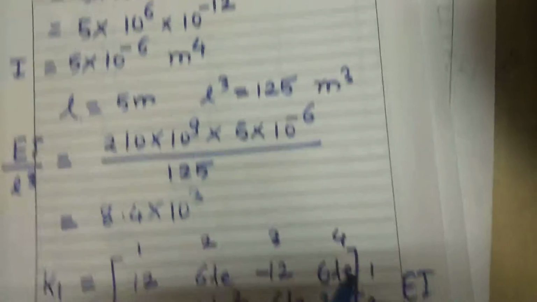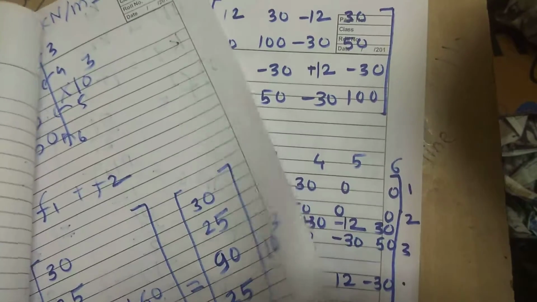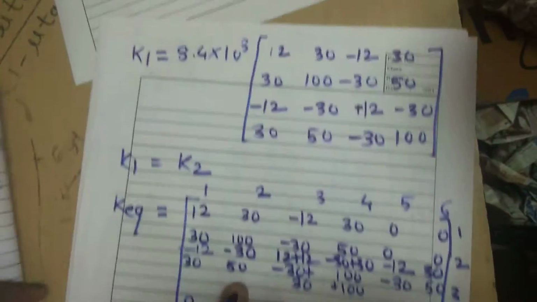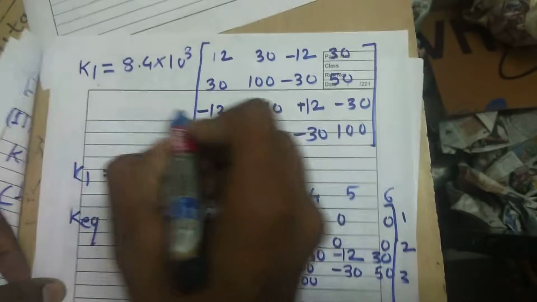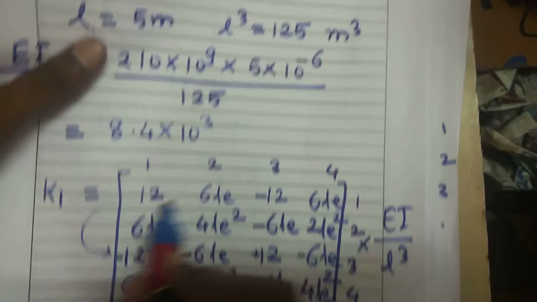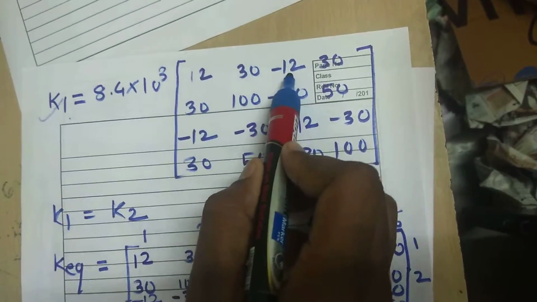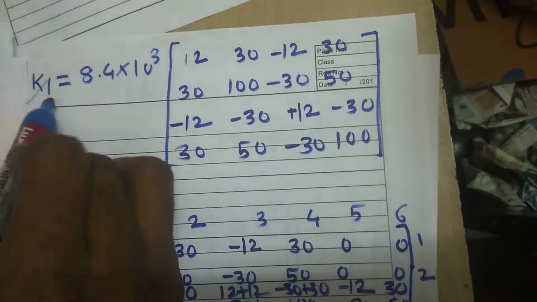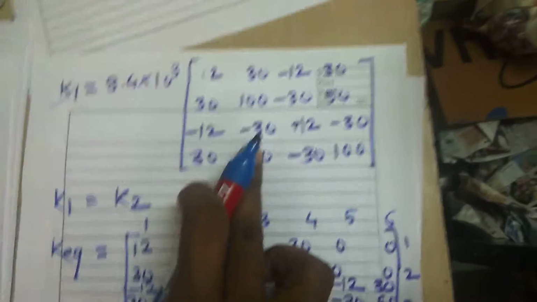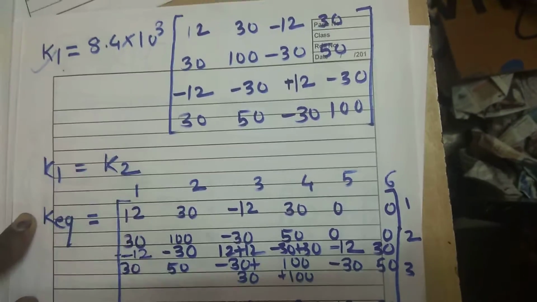Therefore K1 is equal to K2. This will be our K1 value by putting in 12, 6Le, meaning 6 into 5 will be 30. So 30, minus 12, minus 30, this will be the value of K1, and K1 is equal to K2.